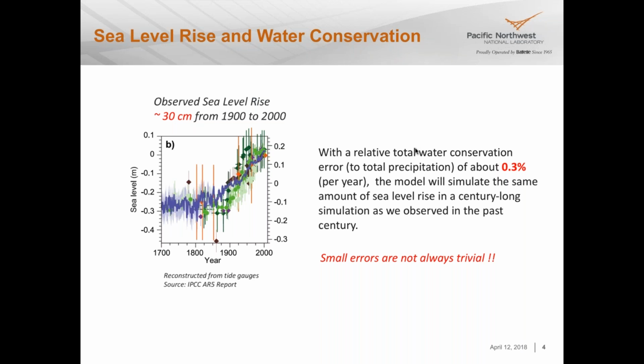This is caused by changes in the external forcing like greenhouse gases. However, with a relative total water conservation error of about 0.3% per year, the model will simulate the same amount of sea level rise in the control simulation. As we observed here, this means that the smaller errors are not always trivial.